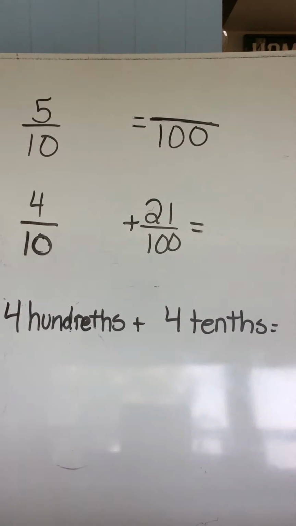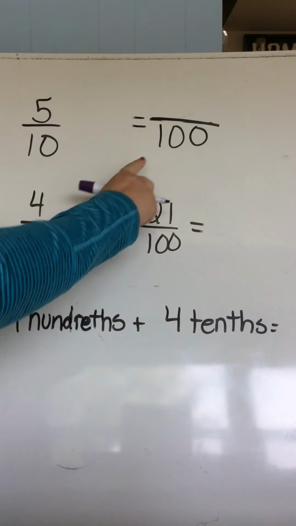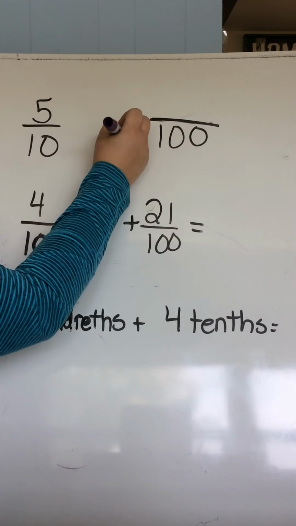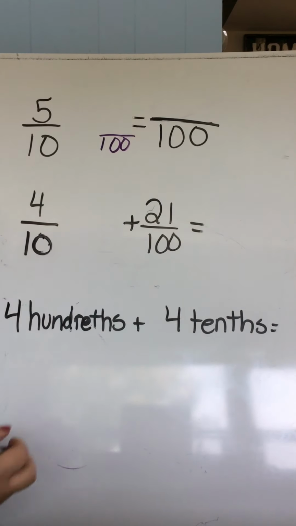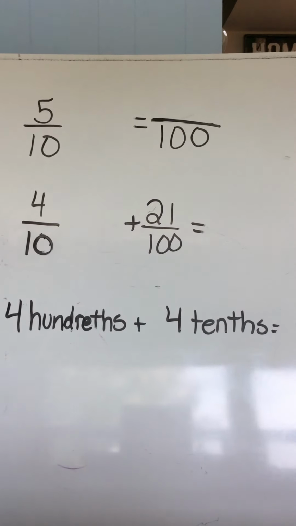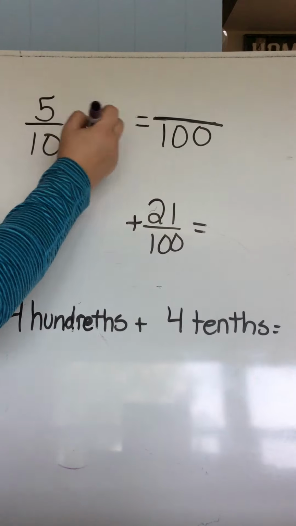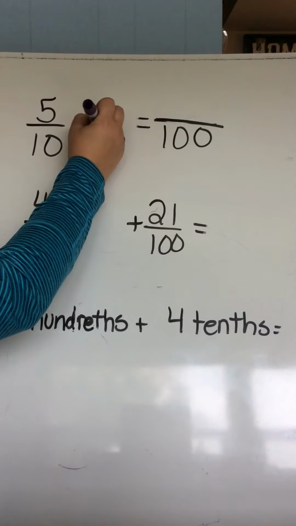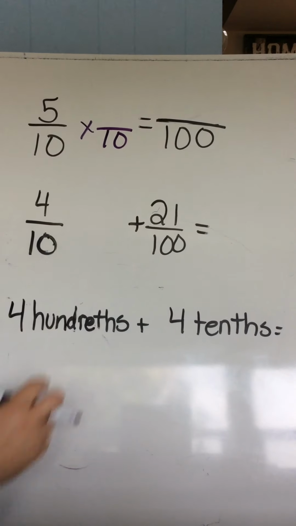Okay, so in order to do this, you need to get a denominator of 100. All right, so what am I going to multiply by 10 to get a denominator of 100? That's right, 10. Okay, so 10 times 10 is 100.